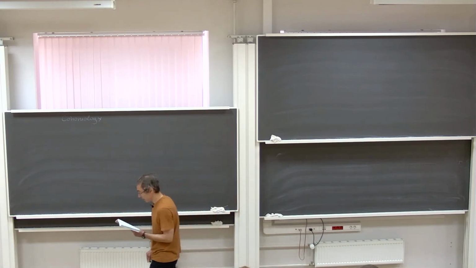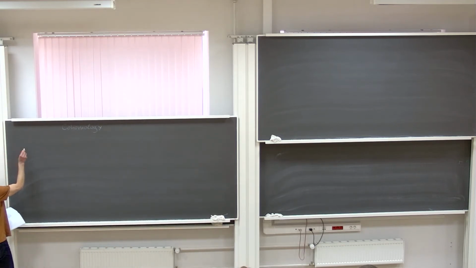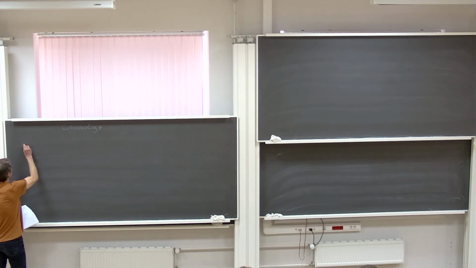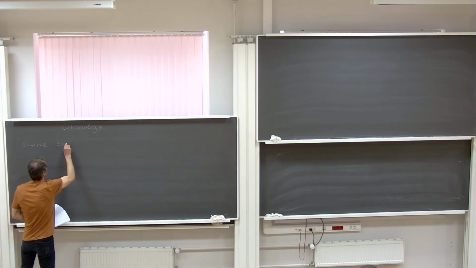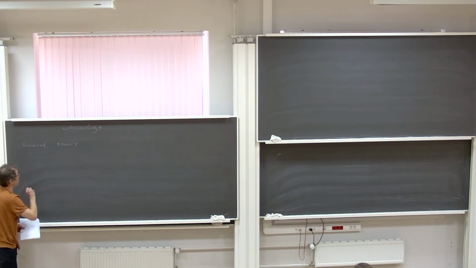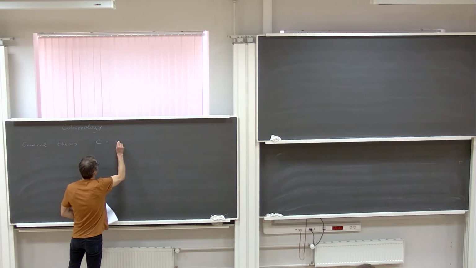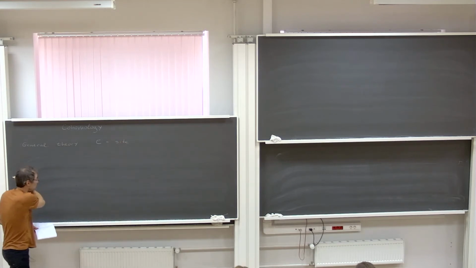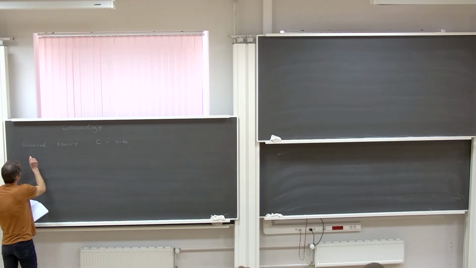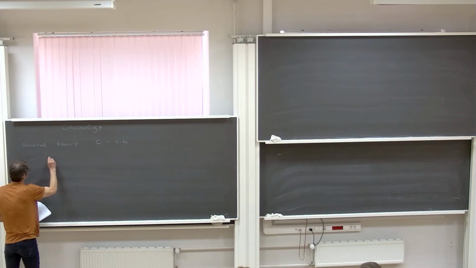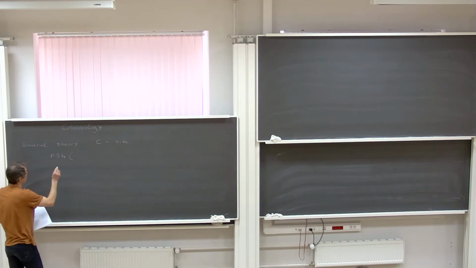So let's see how it works. So first, I will explain a general theory. It will not be long. Okay. So suppose we have a site. We have the category of presheaves, just contravariant functors.